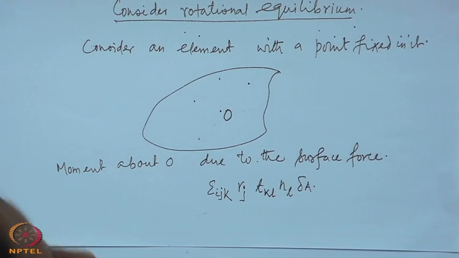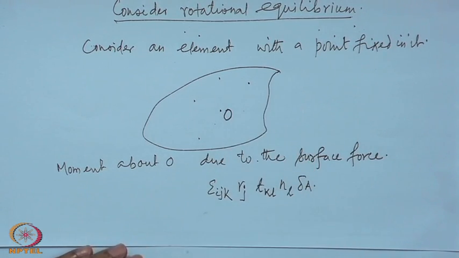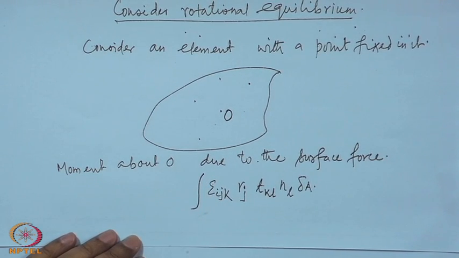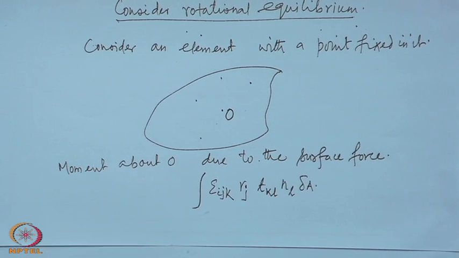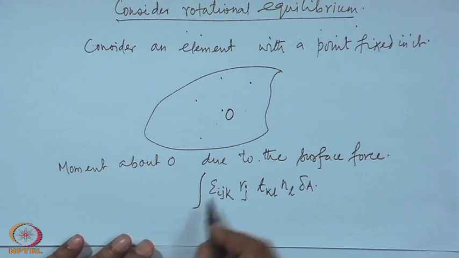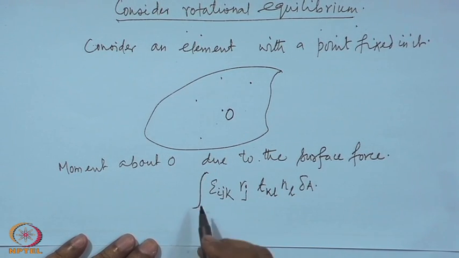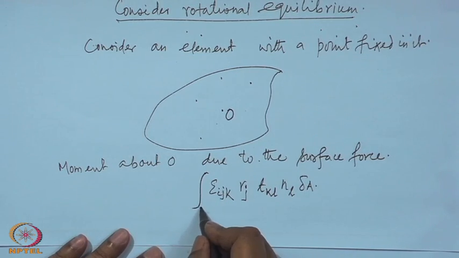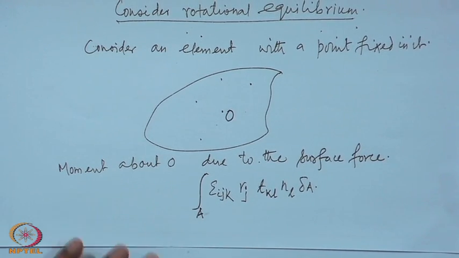And of course, this has to be integrated over the bounding surface. Okay. Since it is integrated over a surface, we will always denote by an integration with notation like this.